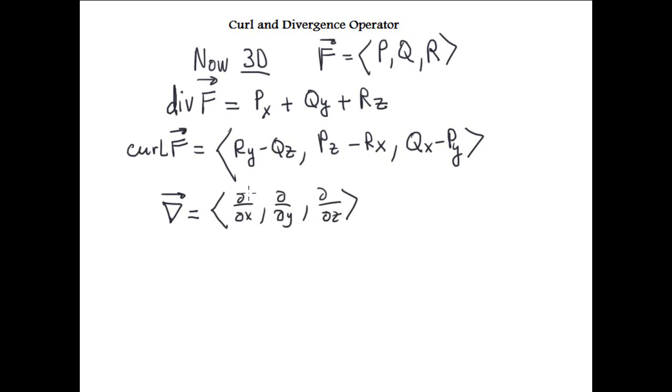But the partial derivative of what? Of what you put in front. Nabla f indicates the partial derivative of f with respect to x, comma, with respect to y, comma, with respect to z. And this is the very well known formula for the gradient.